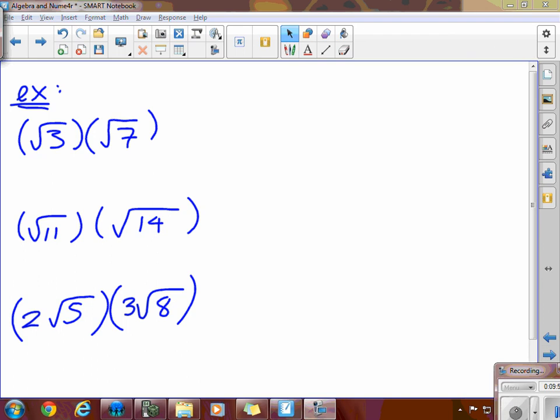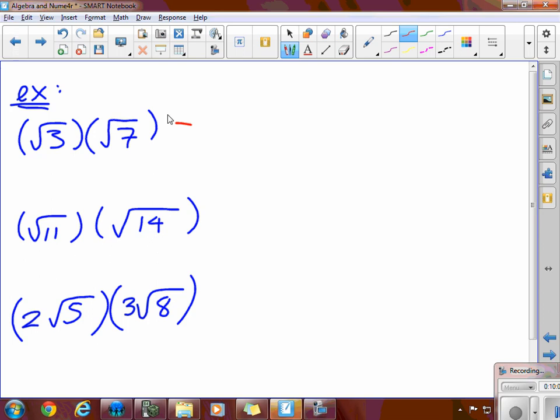All right, so let's look at some of these answers. Root 3 times the root of 7, what do we get? Root 21. Can 21 be broken up into any perfect squares? No, so that's good. That's it. The next guy, root of 11 times the root of 14. The root of 154. Did anybody try to simplify it?